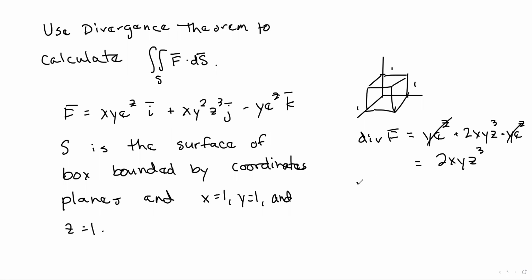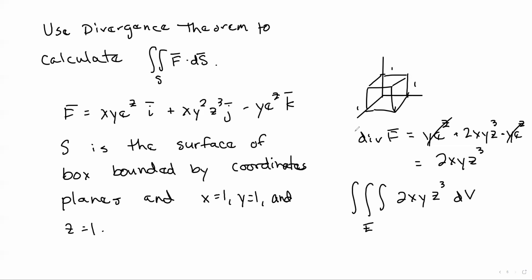All right, and so now we want to do our triple integral. That's what we're calculating, the triple integral of the divergence. So just pop the divergence in there. And then we've got dv over our object E. All right, so we need to choose an order of integration for our cube.